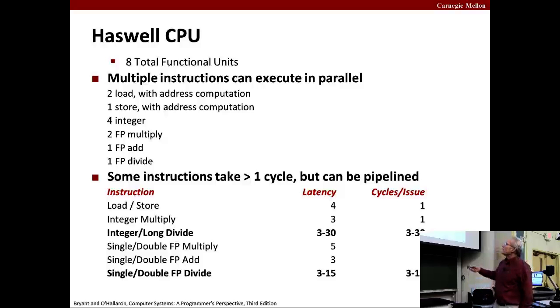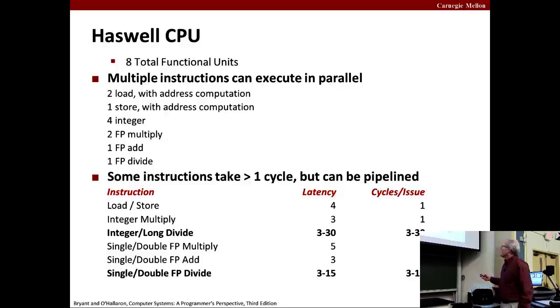There are a lot of functional units that can do different things, but when you add it all up, there's a possibility of it doing 2 loads and 1 store, 4 integer operations, 2 floating point multiplies, 1 addition and 1 division. They can't all happen at the same time because some functional units are shared. But the point is there's really a lot of equipment there that can do stuff.